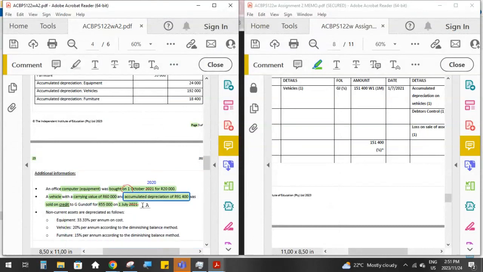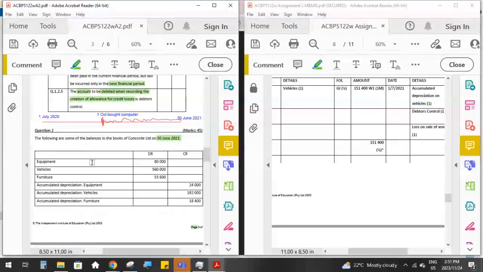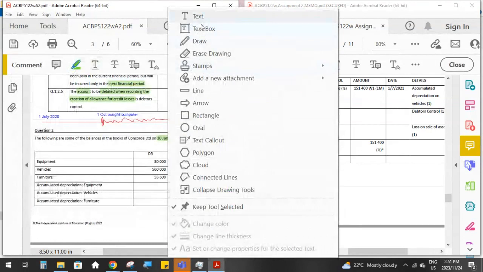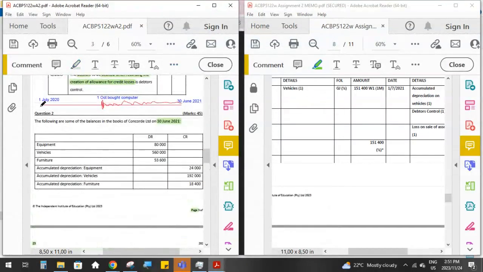I don't know why I can't just get to the place where I want to. There we go. Okay, that one's also going to be 2020. I'm pretty sure that's going to be correct. Let's have a look. Which means that, sorry, that means that we sold the vehicle on the very first day of this current financial year.